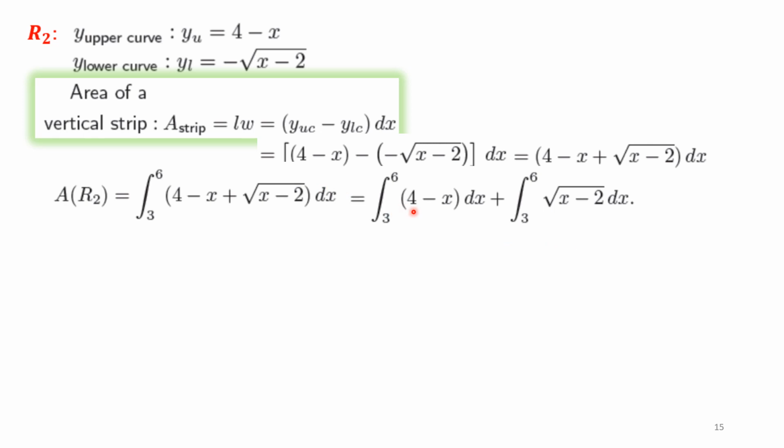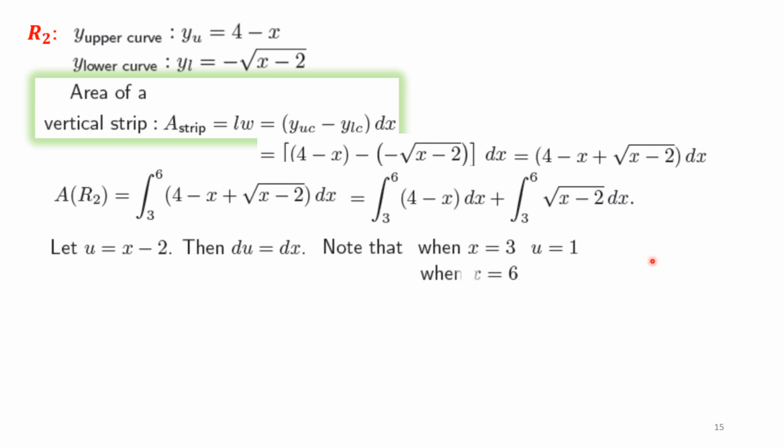You can rewrite this as the integral of 4 minus x dx from 3 to 6, plus the integral of square root of x minus 2 dx evaluated from 3 to 6, because this is a sum. So if we let u be equal to 4 minus x here, then our du will simply be dx. Now you can compute for that. When x is equal to 3, what will be the value of u? x equal to 3, you will have u equals 1, 4 minus 3, right?